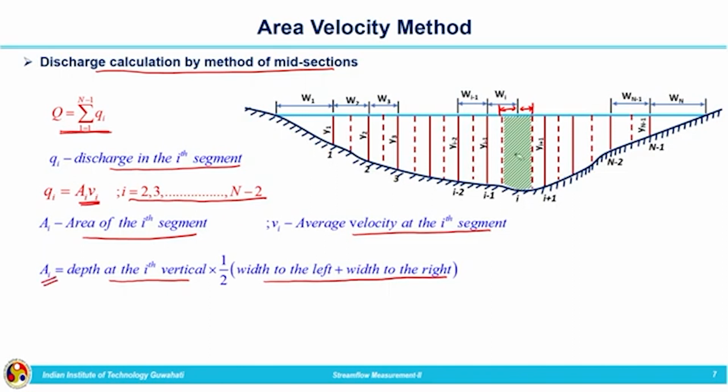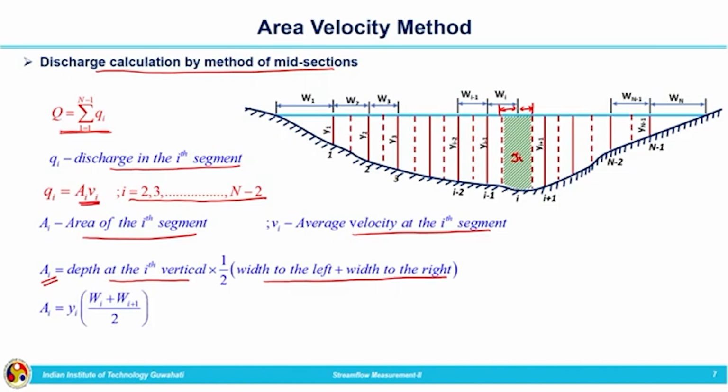Ai is the depth corresponding to the ith vertical, that is Yi, multiplied by the width, taking half width towards the left and half width towards the right. So, that way we get the total width, and also depth is already measured, that is the stage which is measured. It will give us the area of the ith segment.